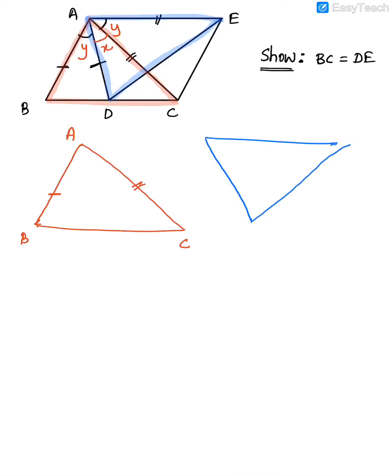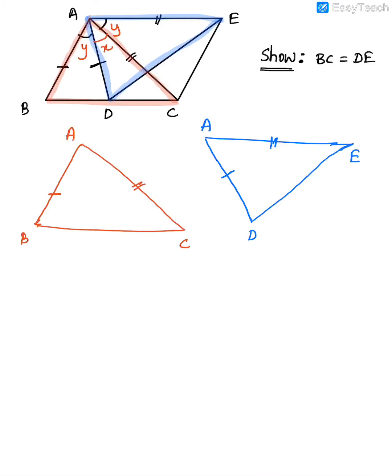It'll go like this. So that's your A, and that's your D, and out here you've got E. Here also AD, then this is your AE. So these are the markings we already had. Now if you notice, in both the triangles, two sides are already congruent. We have to just prove that the angle in between is congruent. That is the angle at A, where some part is common and some part is not common this time.